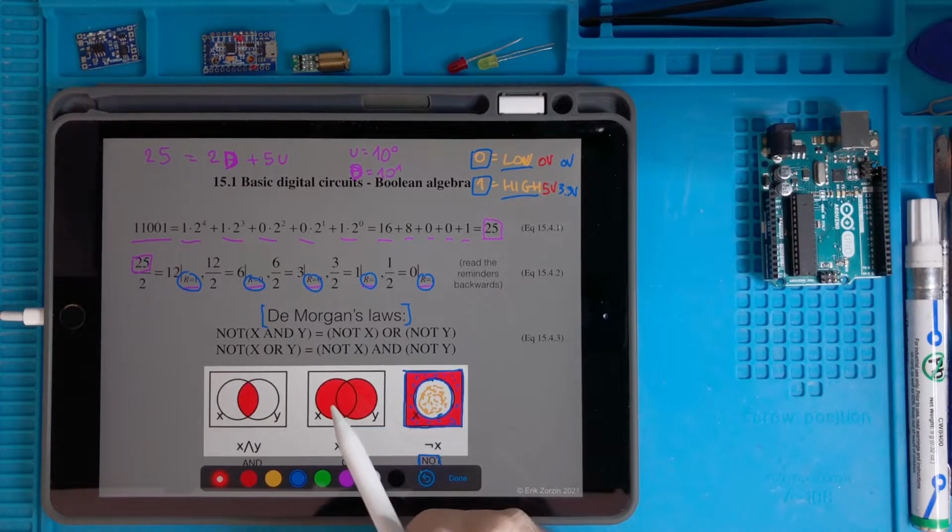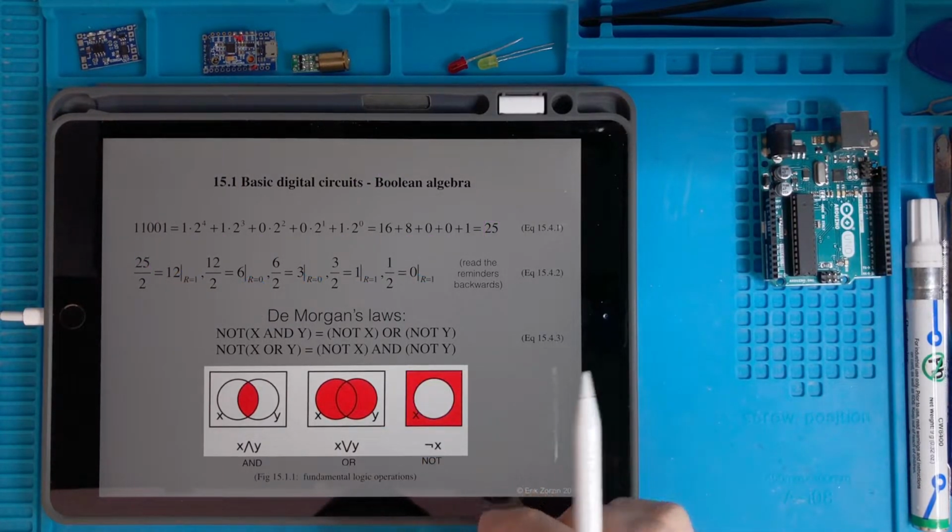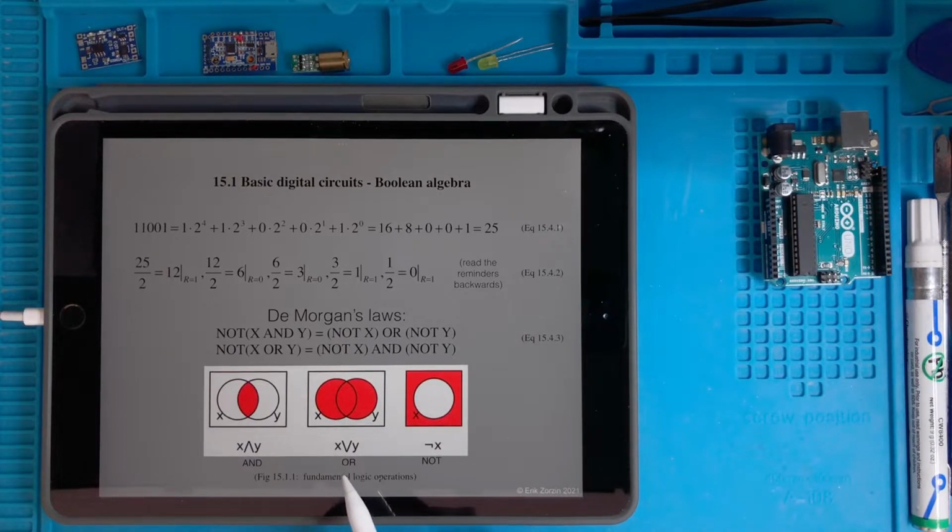Similarly, there is another operation which is called OR, an operation that takes two operands, x and y. The result of this OR operation is the one that belongs to one set or another one, or both. So it's an inclusive OR.